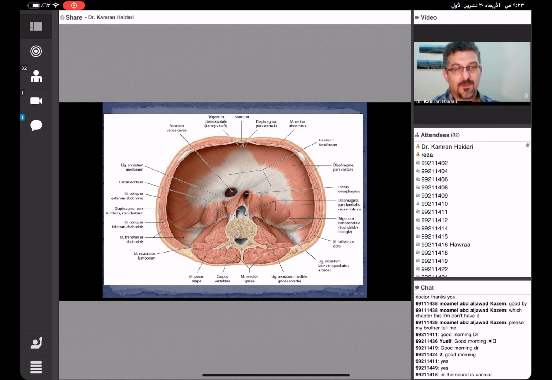Alright, anyway, you can see that sometimes we have a gap instead of having this trigonum. This is the triangle. We say Bochdalek triangle or lumbocostal triangle. This is the weak point between the thorax and abdomen, and sometimes we don't have any fibrous tissue here, and some loops of the intestine herniate inside the thorax.